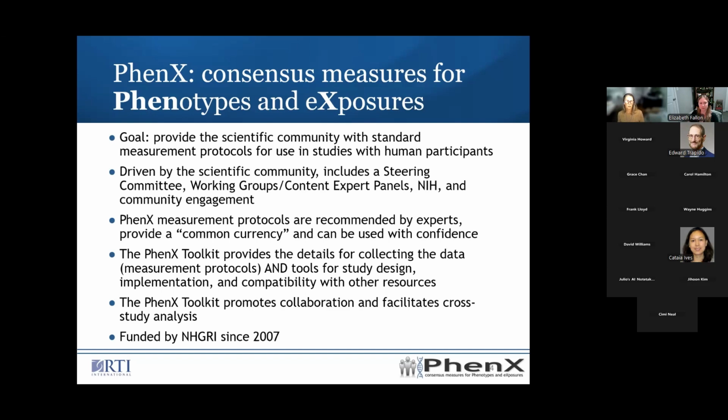Starting with a scope defined by our steering committee, we use a consensus process during which work group members recommend appropriate data collection protocols using the established criteria that the steering committee put forth, which I'll talk about in a bit more detail shortly. And then with input during a community outreach period with the scientific community, the work group makes final recommendations for protocols to add to the toolkit.